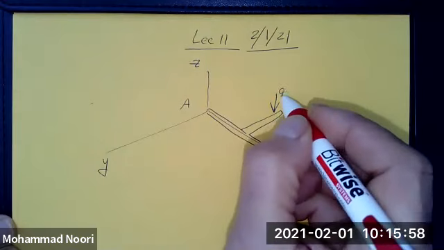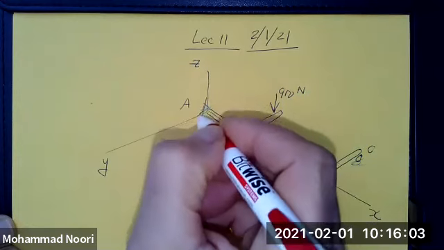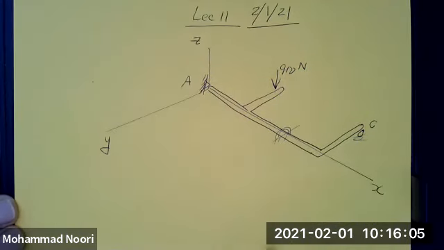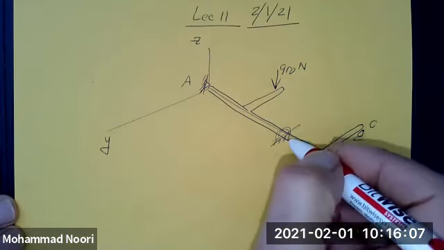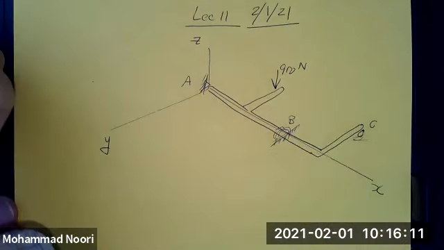We had a load of 900 Newton here. There was a hinge here and a hinge here, B, okay?